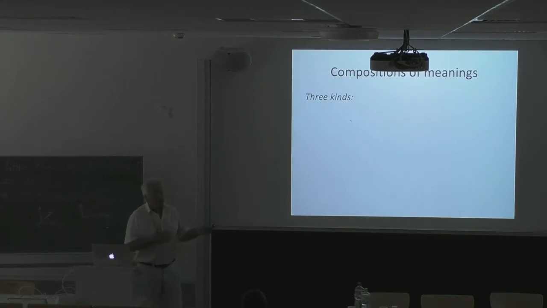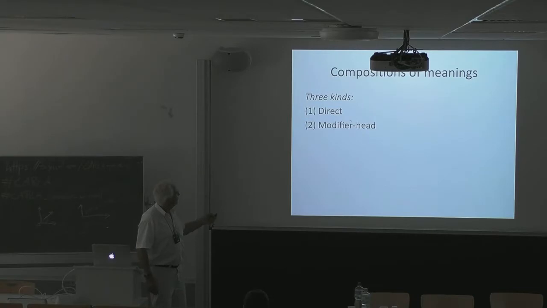So if we look at adjective-noun combinations, you can basically talk about three kinds. One is direct combination, like in blue book or blue bottle. There is no direct problem with that. Then you have something where there is a modifier in the head. I'll give you an example, something like tall squirrel or a small elephant.